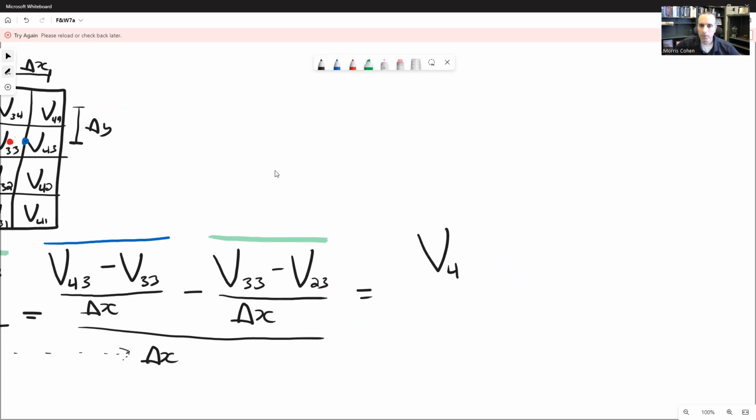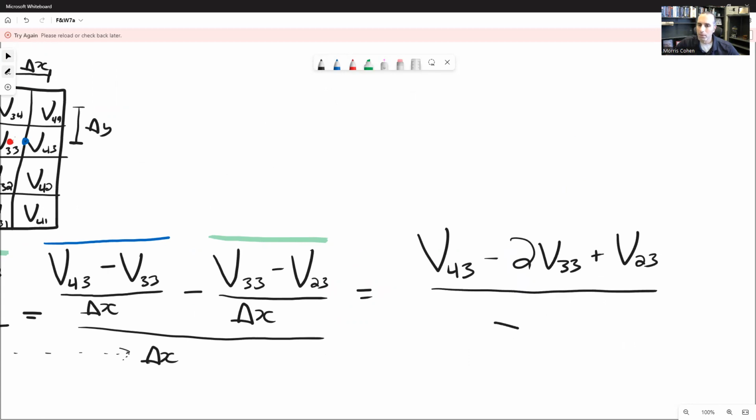It's v43 minus 2 v33 plus v23 divided by delta x squared. So this is our approximation for d squared v dx squared.